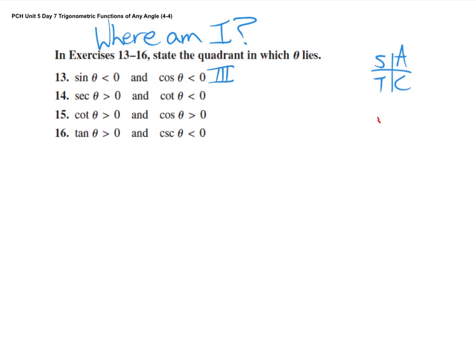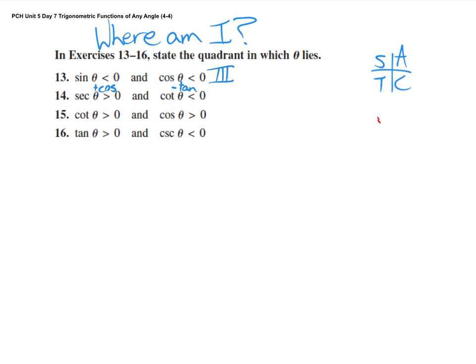If the secant is positive, what do I know? Not sine, cosine. I have a positive cosine, and if cotangent's negative, I know I have a negative tangent, right? So where on my quadrants do I have a positive cosine and a negative tangent?